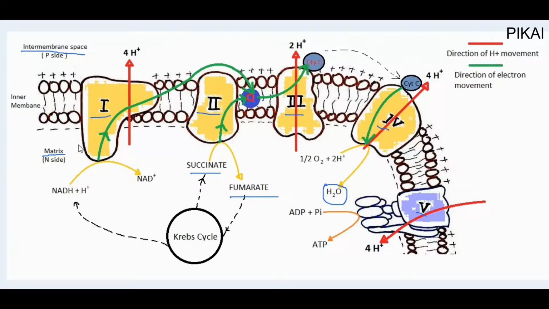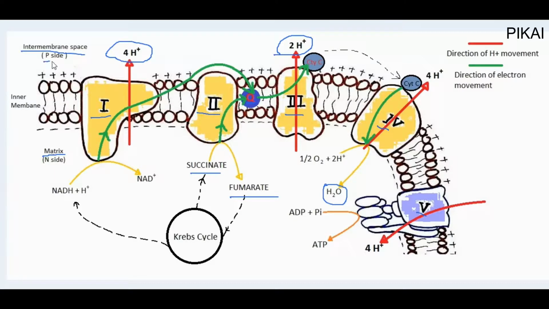As you have seen, these electrons are transferred in a chain-like manner. That is why it is known as the electron transport chain. During this electron transport, due to redox potential, hydrogens are pumped to the intermembrane space, increasing the H plus concentration.